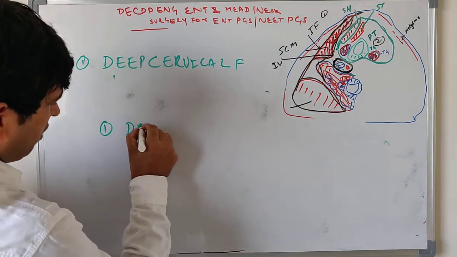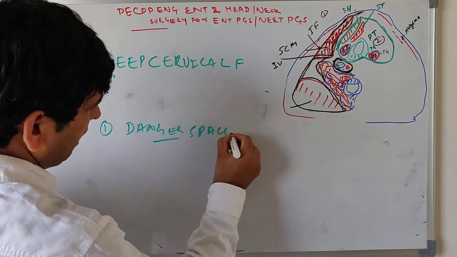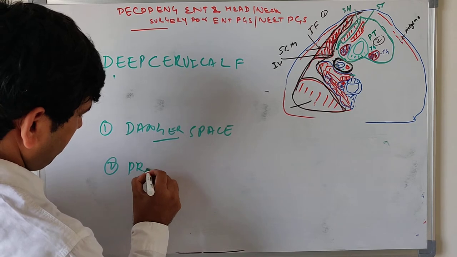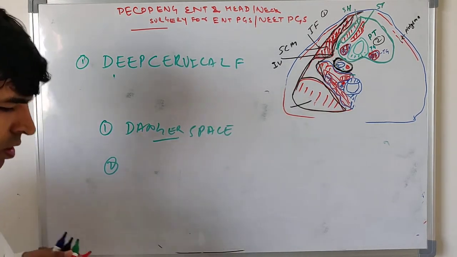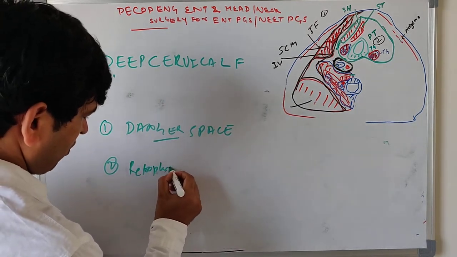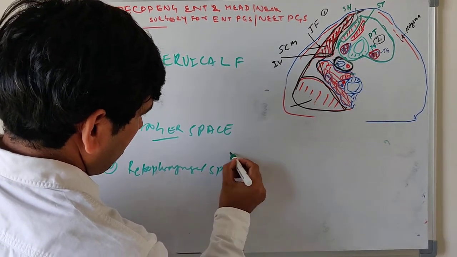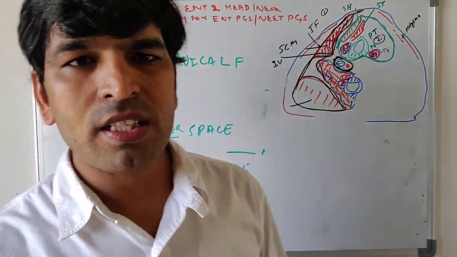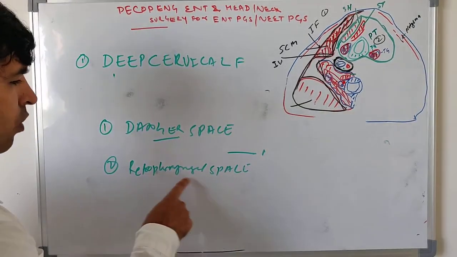One is the danger space, which lies behind the alar fascia, and the other is the retropharyngeal space. Posterior to the alar fascia is the danger space, anterior to the alar fascia is the retropharyngeal space.